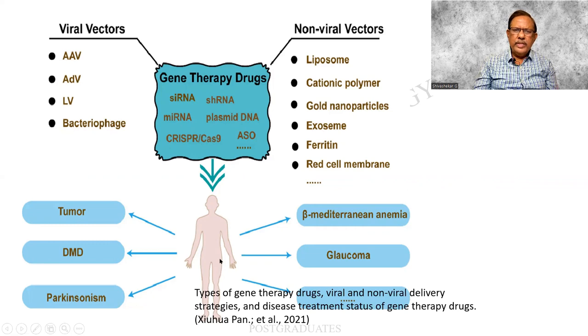And as a result of which, they can be used for treatment of Duchenne's muscular dystrophy, Parkinsonism, Mediterranean anemia, that is the thalassemia over here, glaucoma, etc. And this is the reference for this beautiful flow diagram. So kindly go through this one. Definitely, a little picture is worth a million words.